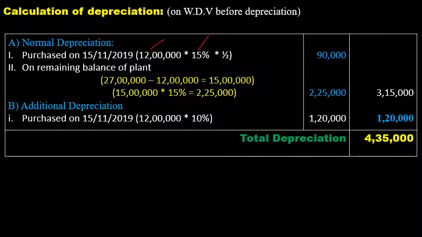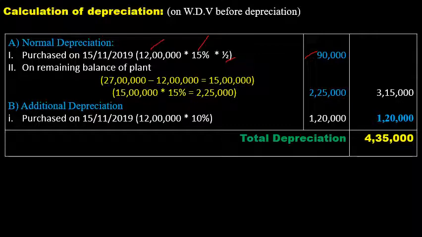The number of days the particular asset was used in the previous year was less than 180 days. So therefore you have to calculate half of the rate of depreciation. 12 lakh into 15% is the rate of depreciation, half, because the asset was used for less than 180 days in the previous year. So it is 90,000 as depreciation.